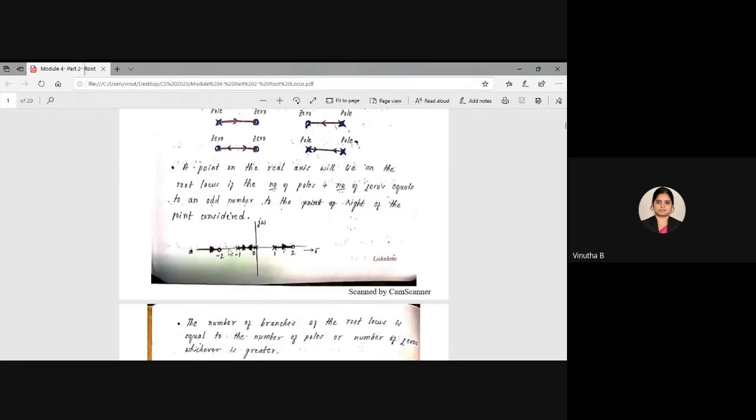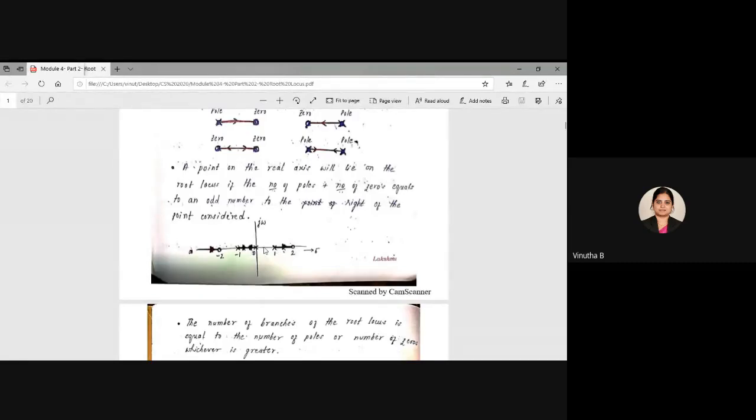Whereas if I consider a point where towards the right side there are two poles, that gives an even number of poles plus zeros, because there is no zero here, so the point does not lie on the root locus. That is how you have to decide.